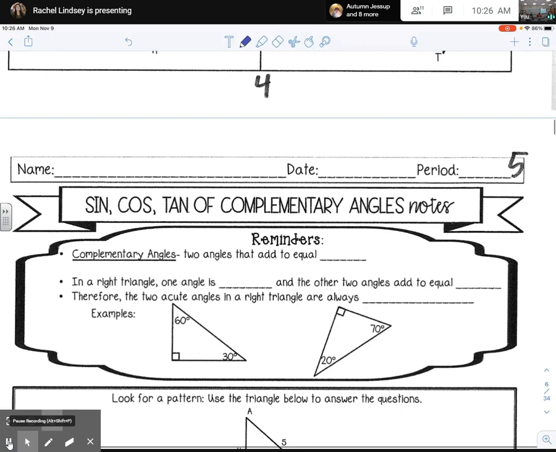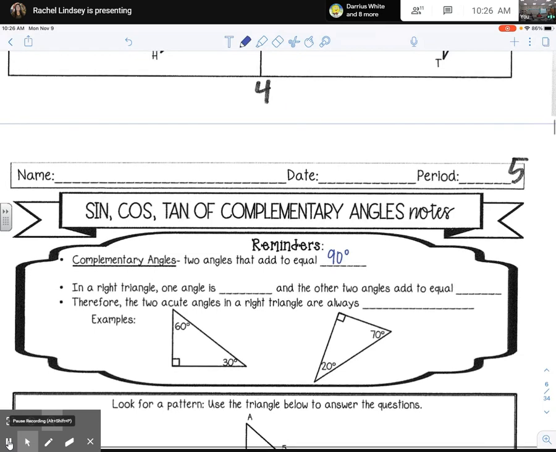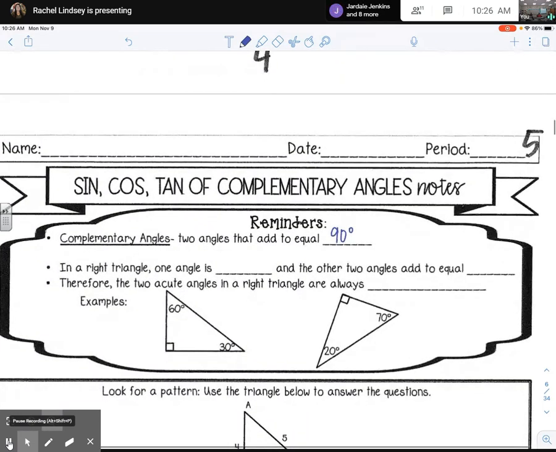First thing, complementary angles are two angles that add to equal 90 degrees. In a right triangle, one angle is always right, which is 90 degrees, and the other two angles always add to equal 90. They're two acute angles that add to equal 90.